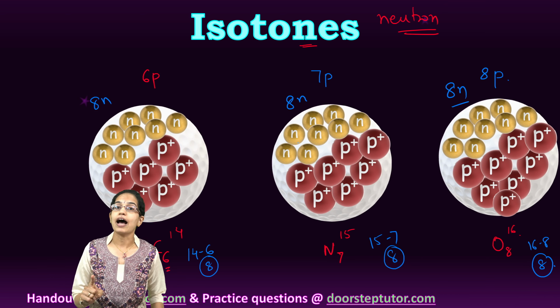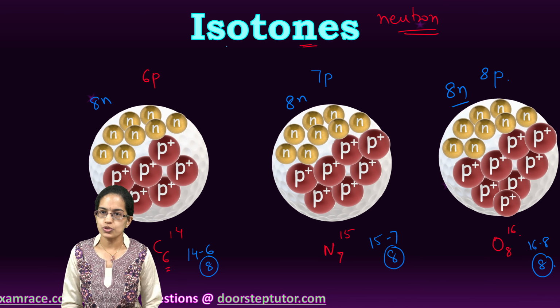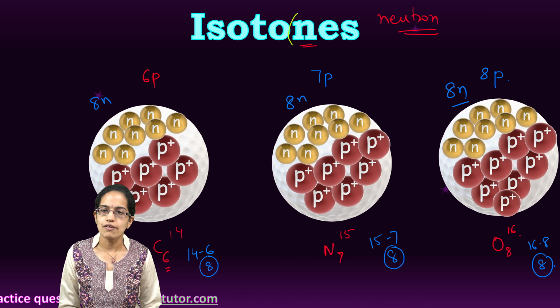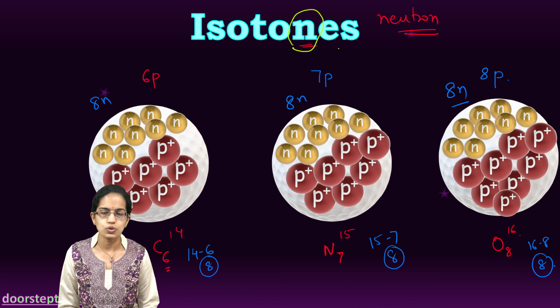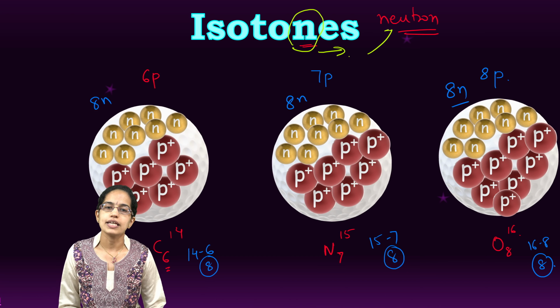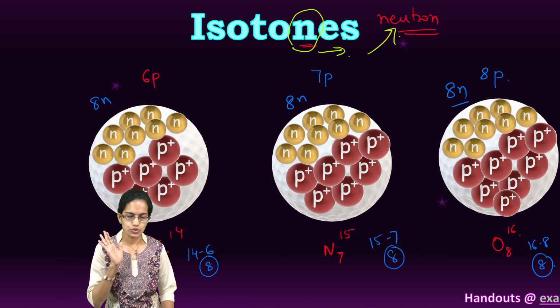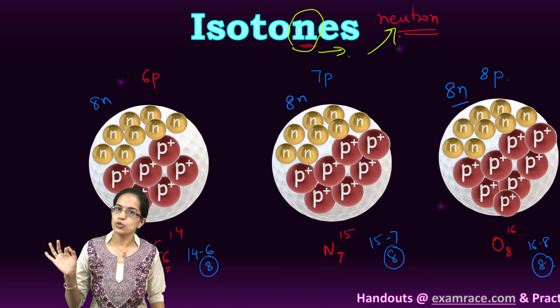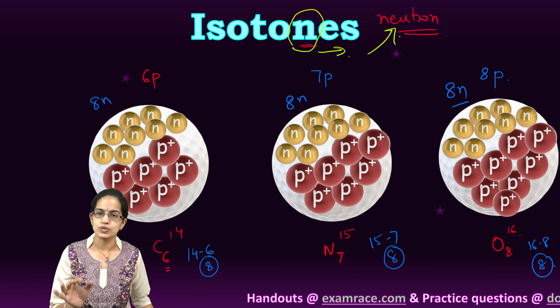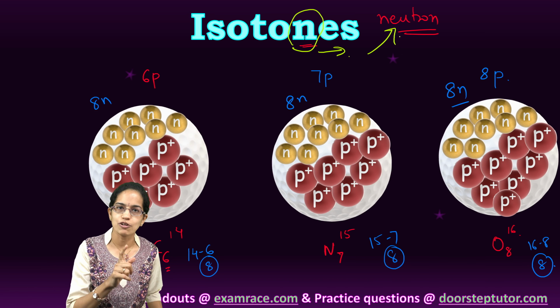That means they have the same number of neutrons. So easy again, you have N in the word isotone, and therefore it means the same number of neutrons. So we understood isotope with the same number of protons, isotone with the same number of neutrons.